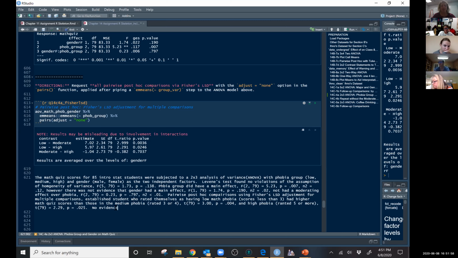No evidence was found for a difference in math quiz scores between those students who rated themselves as moderate or high on math phobia. Again, the t statistics, we generally just report them as positive values because it's just the order that you subtracted them in.